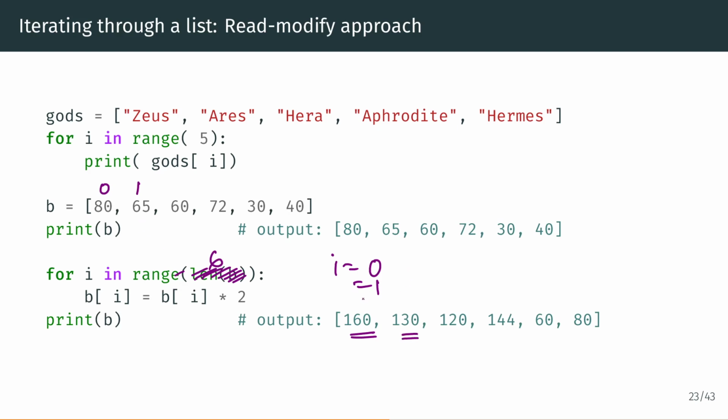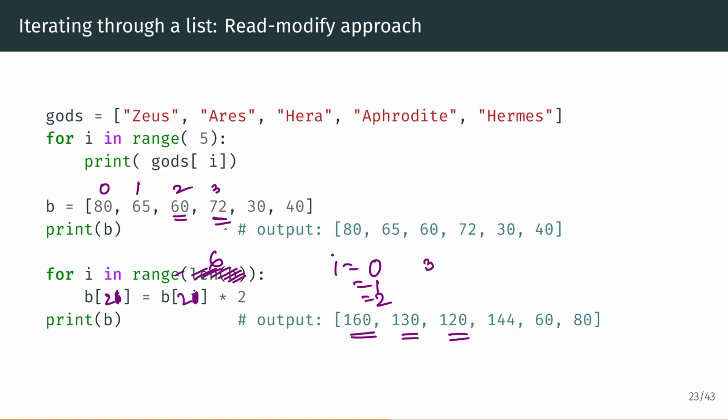And then I becomes 2, and this changes to B2 equals B2 times 2, and as we know, B2 is this element right here, so this becomes 120. Okay, and it goes on and on. So I equals 3, this is the third, right?